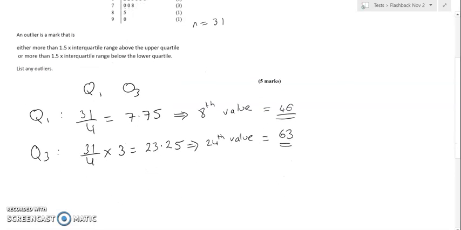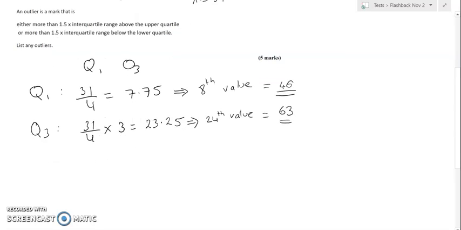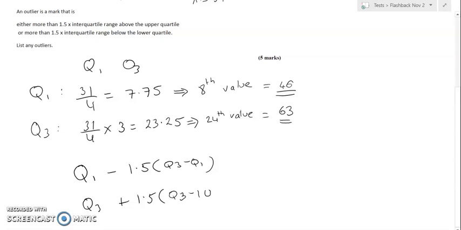Outlier is anything, it's told us there, so it's going to be Q1 take away 1.5 times the interquartile range, or it's going to be Q3, anything above this, take away Q1.